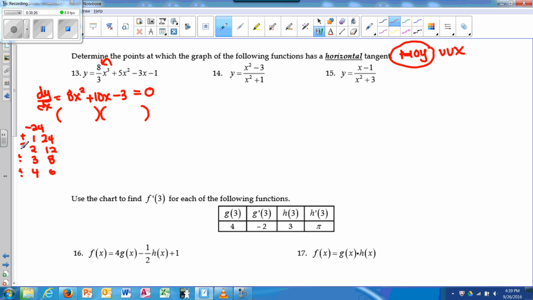We can either factor by grouping, or if you're more comfortable with a leading coefficient, if not, then you can do 8 times negative 3 would be negative 24. So you're looking for factors that would make 10. We need one positive and one negative so that we end up with a negative number.